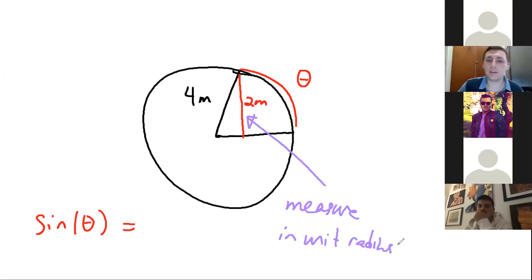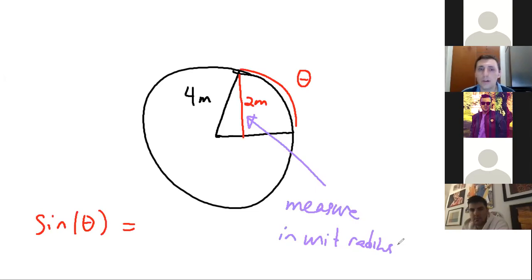You understand? When I do trig, I'm using radians. In the sense, I'm measuring the length of this line segment in terms of radius. So when I ask what is sine of theta, I'm asking how much is this in radius.